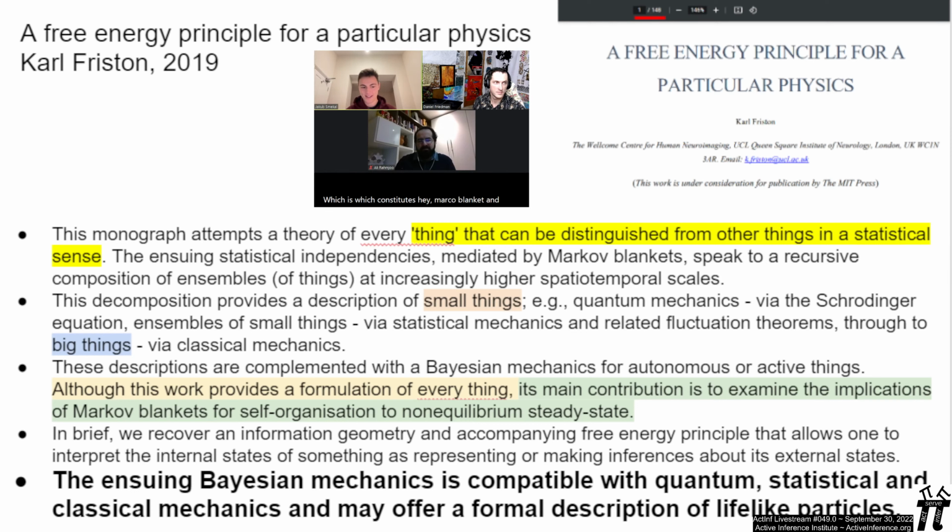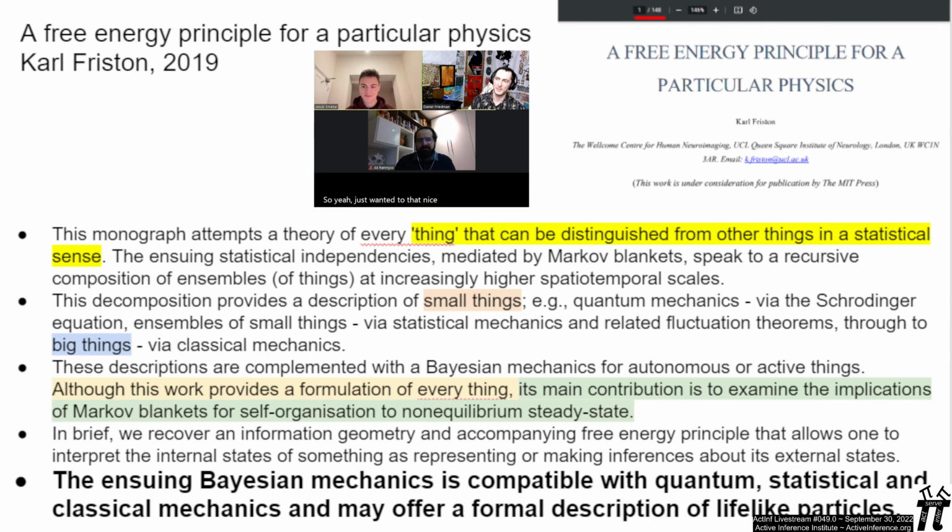And I think we'll see in the coming slides that some contributions from Dalton have also shown this to be the case in cases where the FEP has previously been criticized for not actually applying generally to systems which don't reach that threshold. So yeah, just wanted to add that.